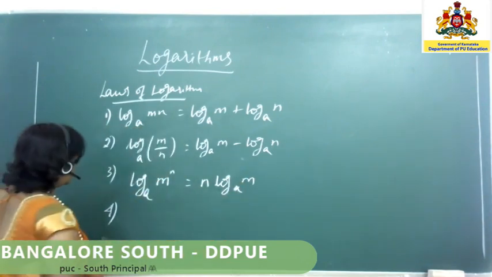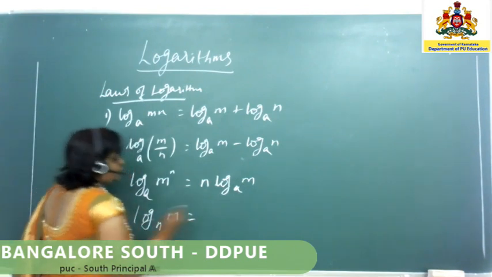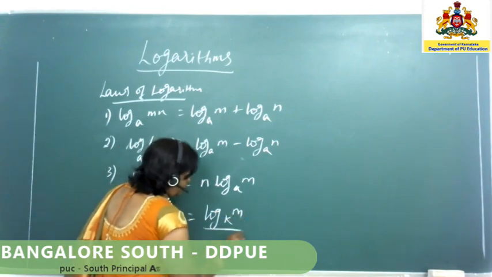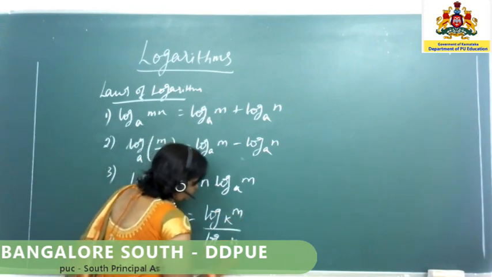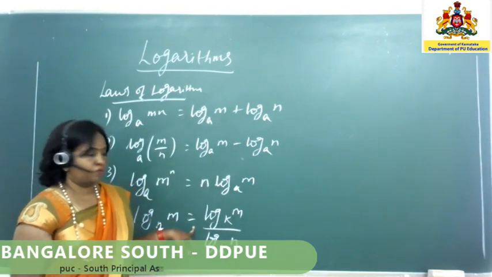Fourth one: log m to base n can be written as log m to base k divided by log n to base k. So this is the change of base formula.